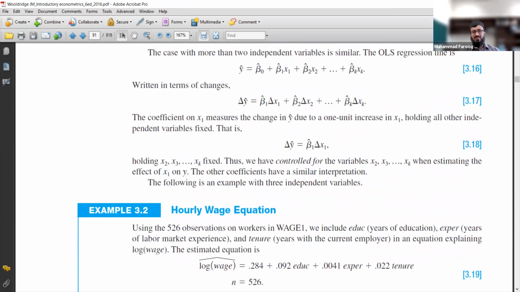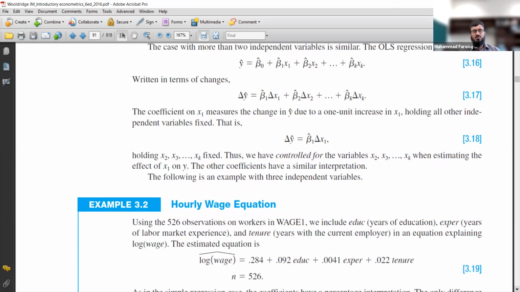I don't want you to read off the interpretation. What does the regression tell us? So we have a positive coefficient 0.092 on education, 0.0041 on experience, and 0.022 on tenure.